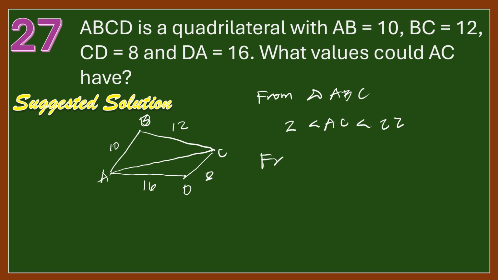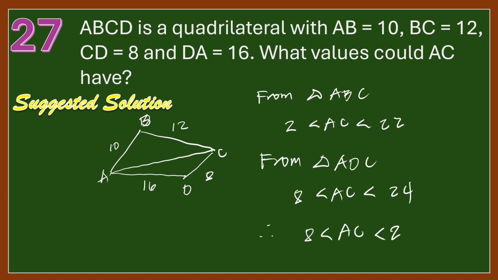And then from triangle ADC, AC is the third side of the triangle, so we know that AC must be greater than the difference, 16 minus 8, that is equal to 8, but less than the sum, 16 plus 8, that is 24. Then from these two statements, AC must be greater than 8 but less than 22.